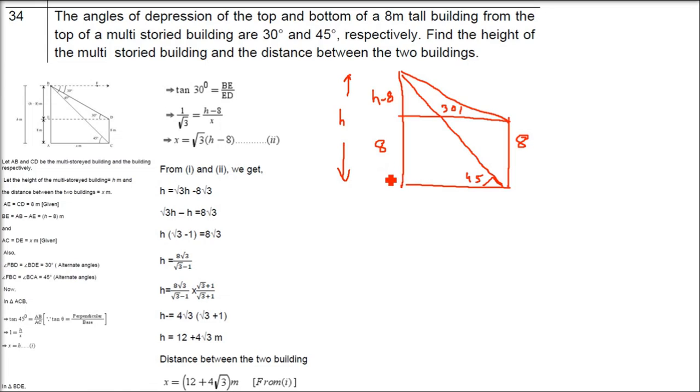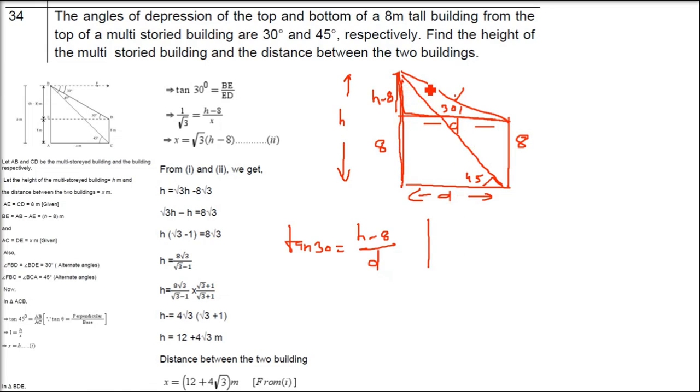So two triangles we are going to use and the trigonometric equation we are going to use. First, we have to find out the distance also. So let us say it is D. First, this triangle we are going to take. So tan 30 equals perpendicular by base, h minus 8 by D. This is our first equation.